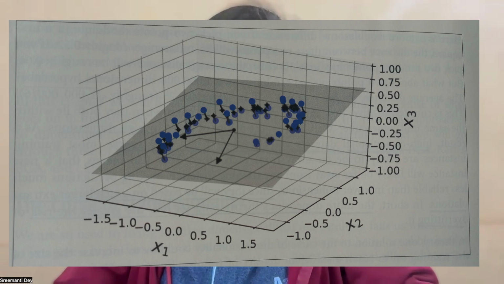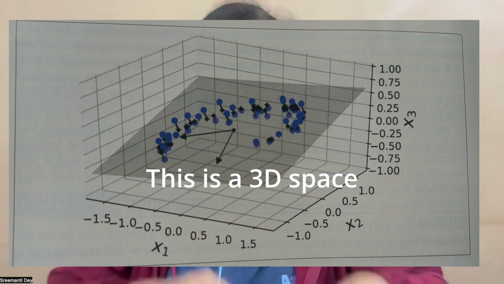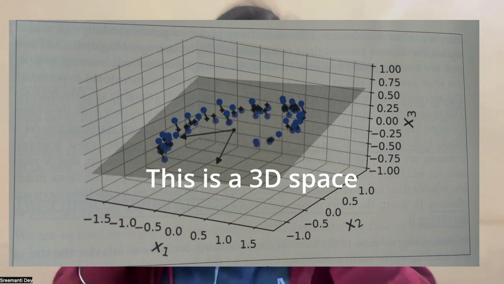What we are going to do is map the data down to a much lower dimensional subspace and still capture most of the variance of the data. Let's take an example. As you can see right here, we have many points that, if you look very carefully, are very closely linked to a 2D plane.